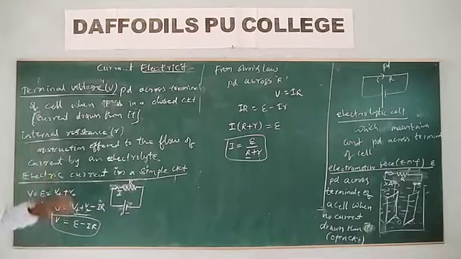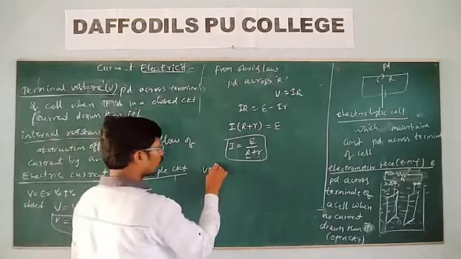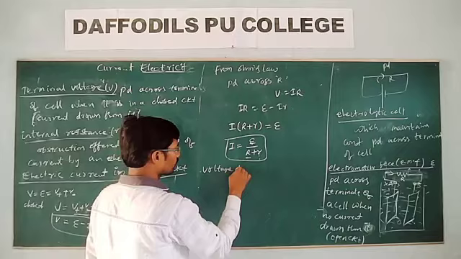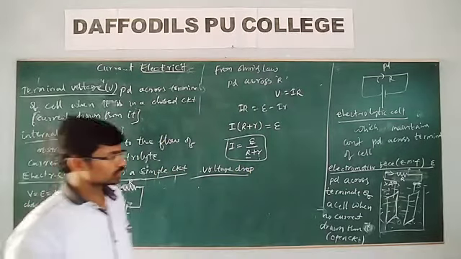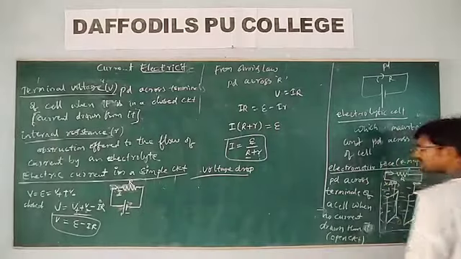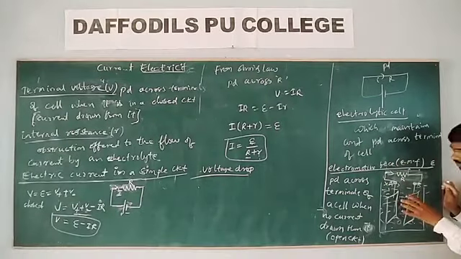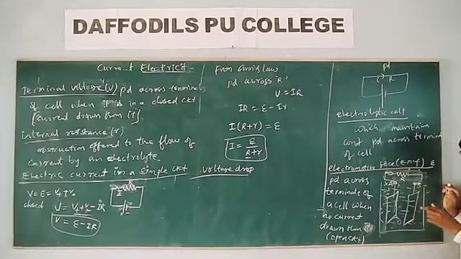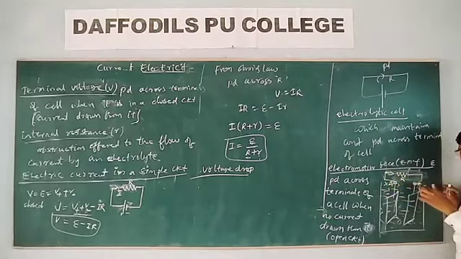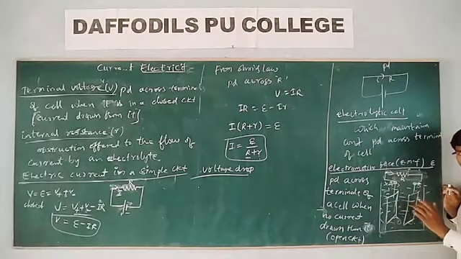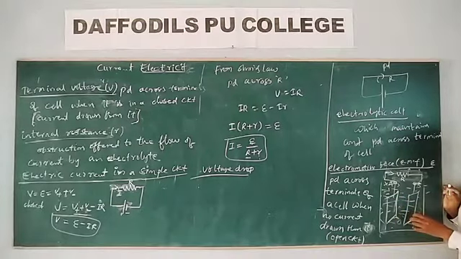Now, along with potential difference, we also have to know the voltage drop. So what do you mean by the voltage drop? If you want to carry a charge across the cell, you need to do work. The cell has to do work in carrying a charge outside the cell from A to B, but across the electrodes of a cell also we need to do work.